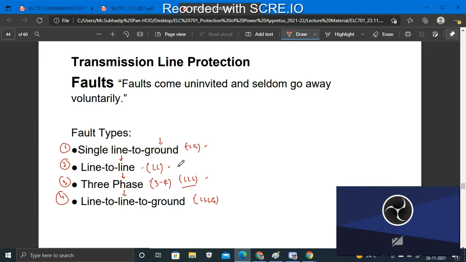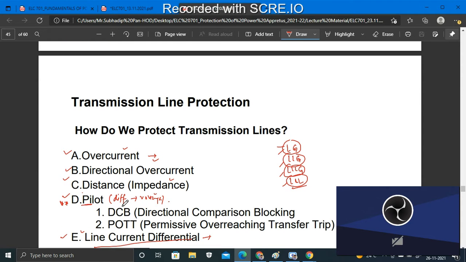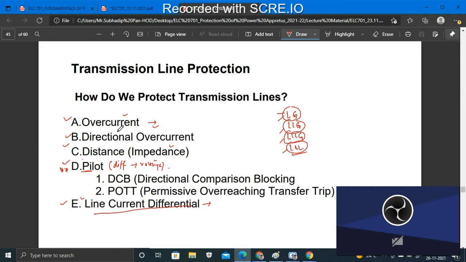Apart from these faults, there are other kinds of faults that appear during transmission. To overcome such faults, we have developed protection schemes for transmission line protection: overcurrent protection, directional overcurrent protection, distance protection, and differential protection.